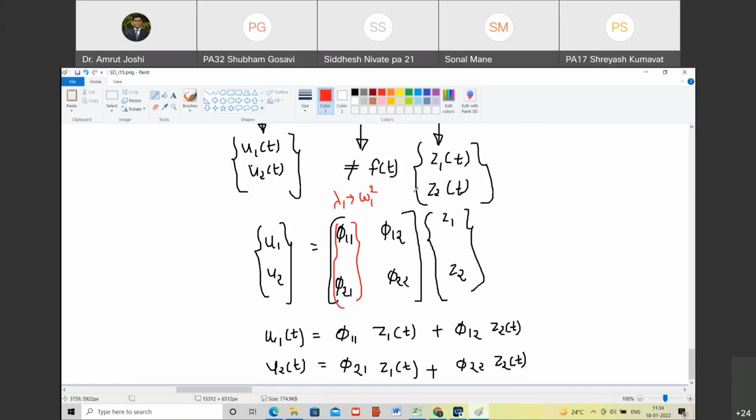Then the corresponding eigenvector is phi 11 and phi 21. Do you agree with me? Yes, sir. Then phi 12 and phi 22 are the eigenvectors corresponding to lambda 2, which is omega 2 squared. Do you agree with me? Yes, sir. Now let us take a hypothetical situation in which z1 and z2 are both 1.